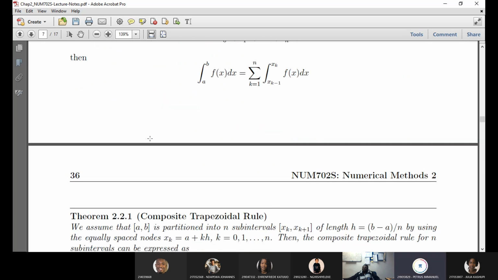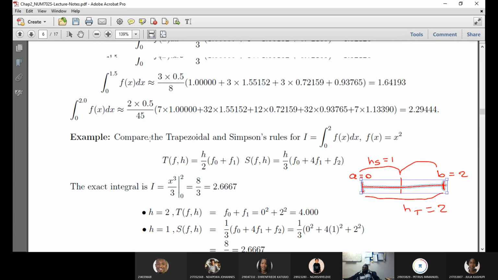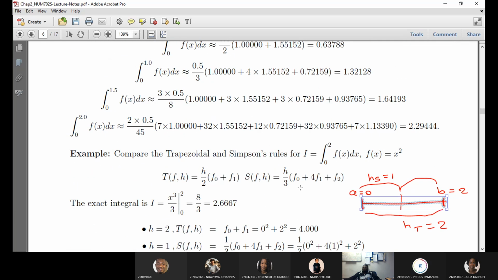Right. Now let us look at the composite trapezoidal rule. This trapezoidal rule we saw was not efficient. Now what if we perform the composite rule on the trapezoidal rule?